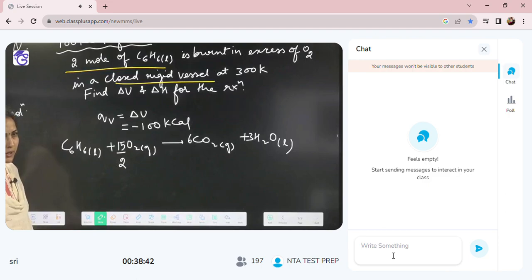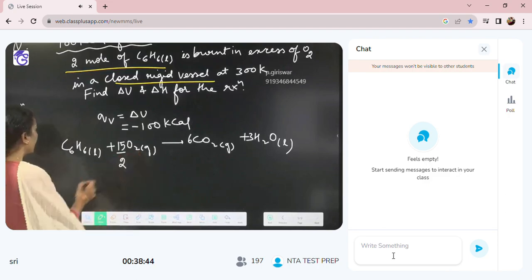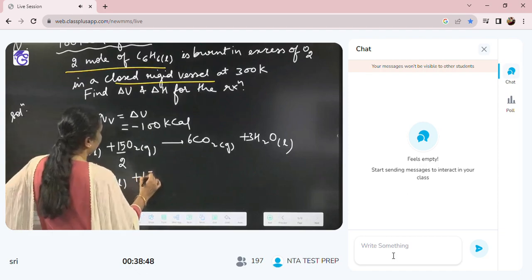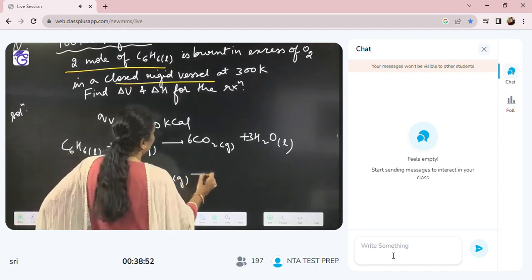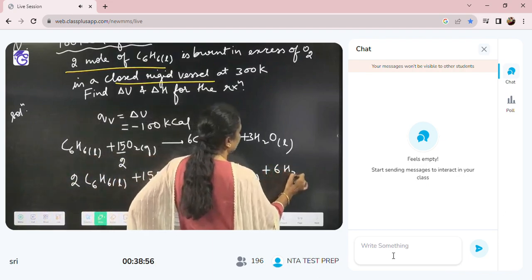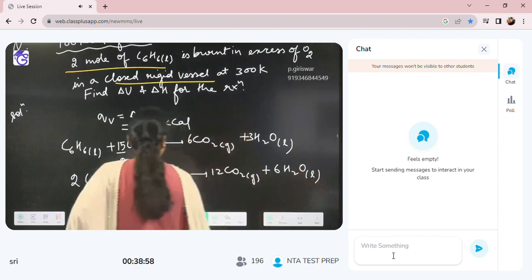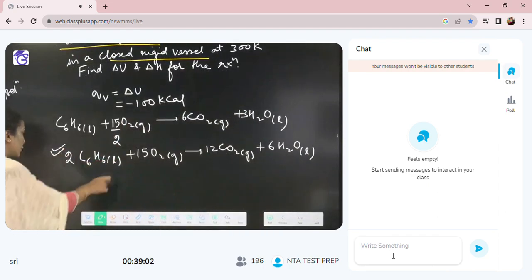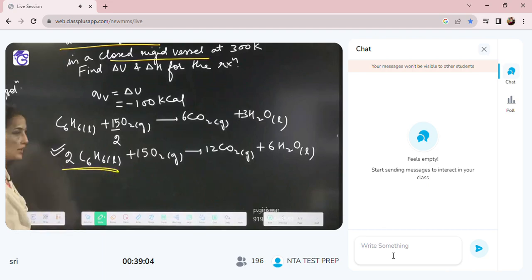Absolutely correct. Wonderful. Now you will be writing here 2C6H6 liquid plus 15O2 gas. You will be having 12 CO2 gas and you will be writing 6H2O liquid, right? Now in this case, this reaction you have to go for because in this you are able to see 2 moles of C6H6. Are we getting it?